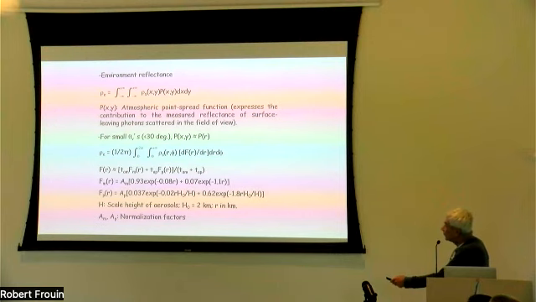But okay, what's important here is to look at the dependence of this function F, and it can be approximated here as a combination of a molecular contribution, Fm, and an aerosol contribution here.